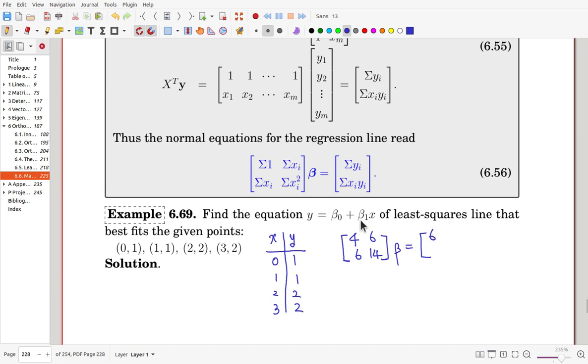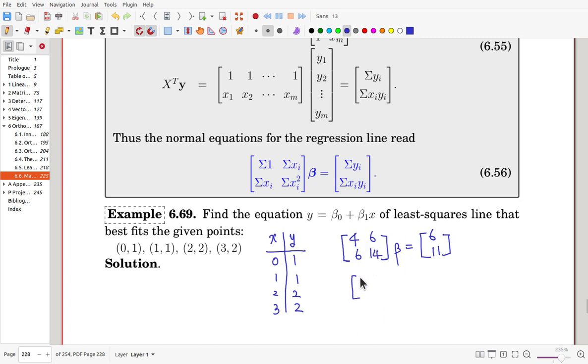And summation of xi yi: that multiplication is 0, 1, now 4 and 6. 1 plus 4 plus 6, which is 11. So we have to find the solution for that one. Now again, with the augmented method, we can finish it.